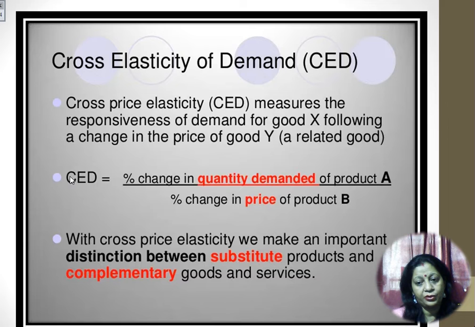So that is known as complementary goods and services. So the increase and decrease in the price level of goods related with substitutes can be measured with the concept of cross elasticity of demand.